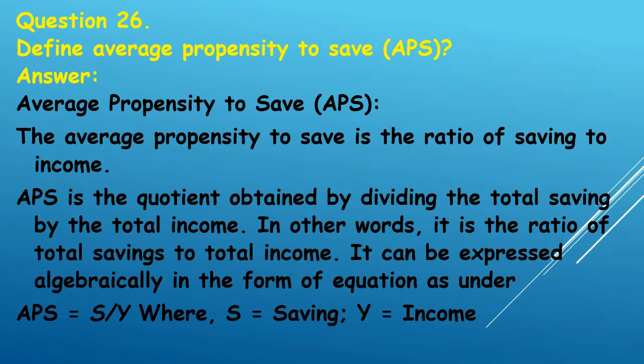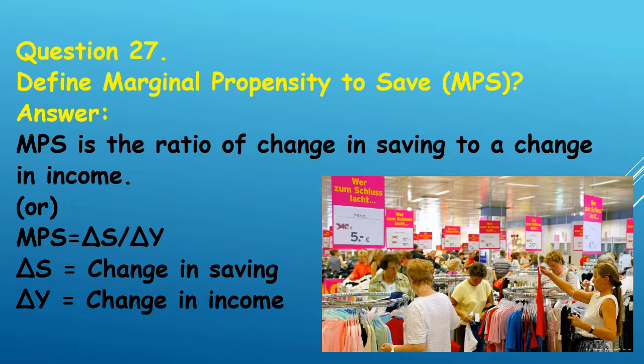Now let's go with the next question. Define marginal propensity to save. What have I taught about marginal? It is additional. So additional propensity to save. MPS is the ratio of change in saving to change in income. When the term marginal comes, we put changes in.